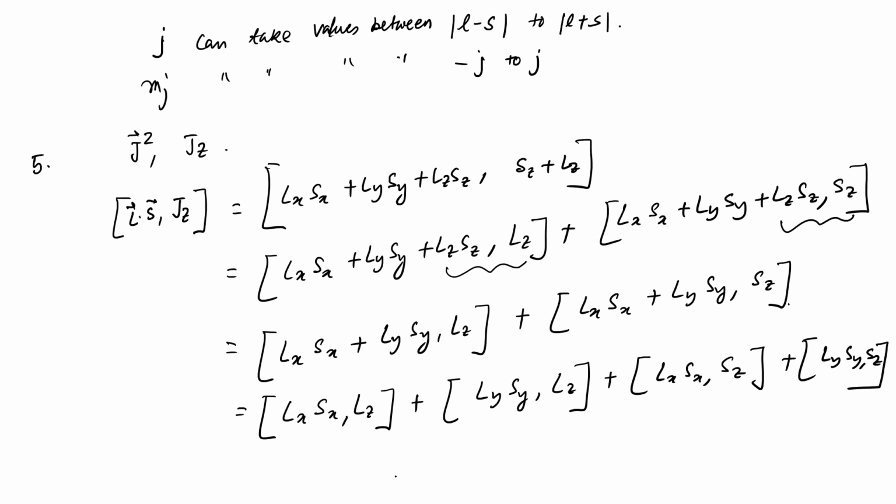And this is simple, because Lx Lz will give you a minus iħ Ly. So let me carry on in the next page. You have this L dot S, you are calculating L dot S commutator with Jz, and this becomes equal to Sx into minus iħ Ly.